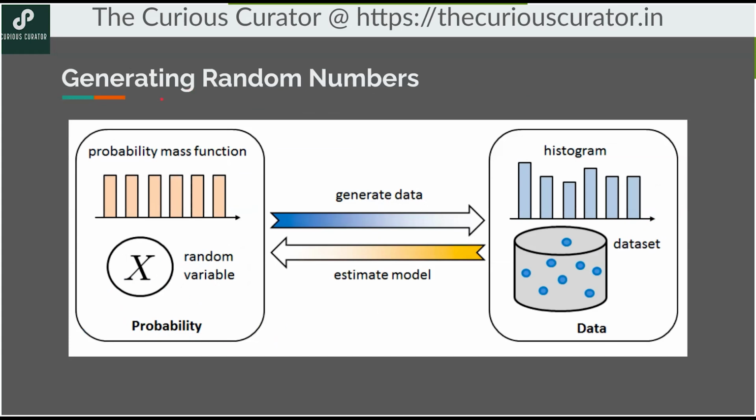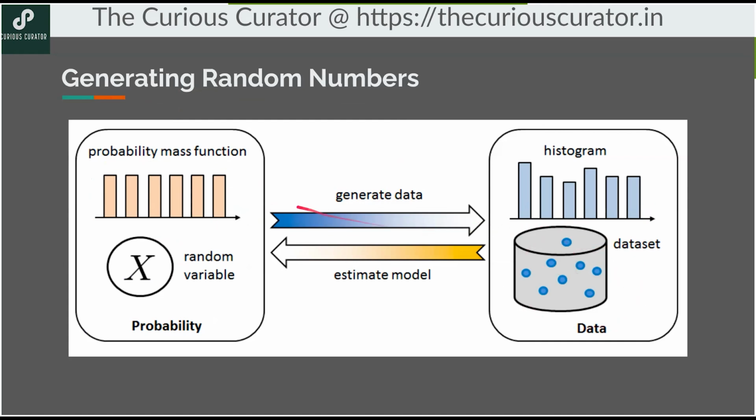The next one is generating random numbers. Okay, any questions? No. Okay, so the next one is generating random numbers. Again, if you know the probability, usually there is a way to generate data from that distribution, and then you can plot it.